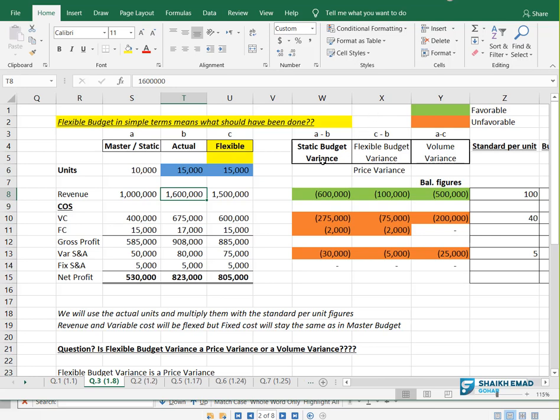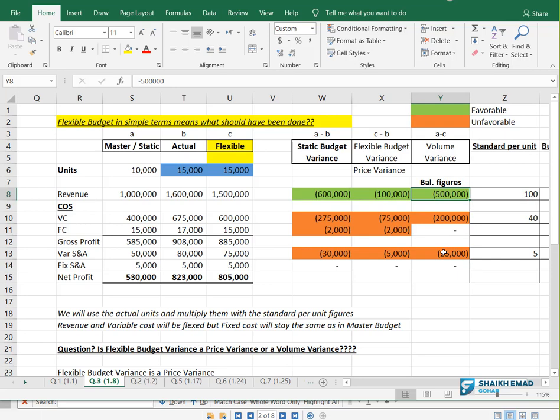Then we calculated the flexible budget and found out that due to price we have generated only 100,000, and due to selling more units, we have generated 500,000. This is the insight which the flexible budget is giving you.